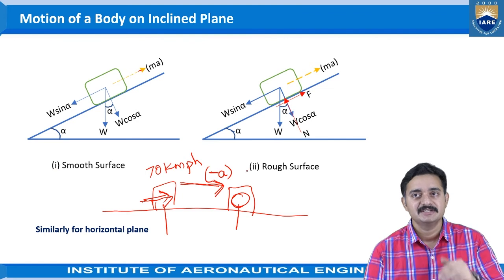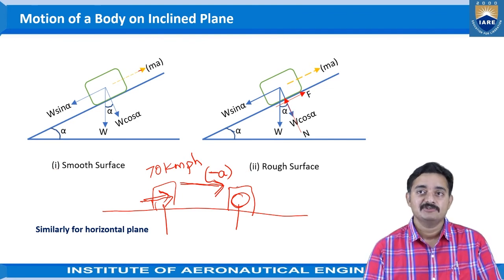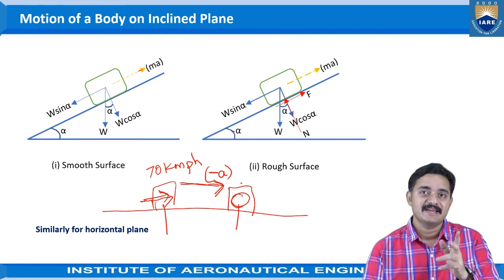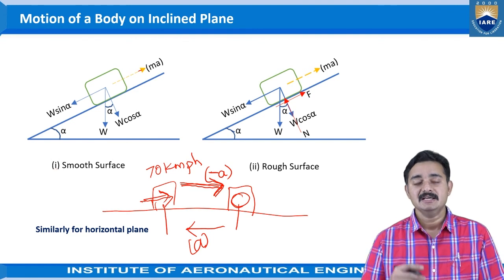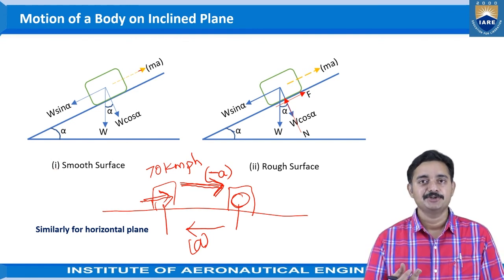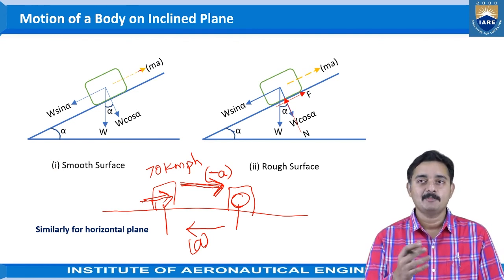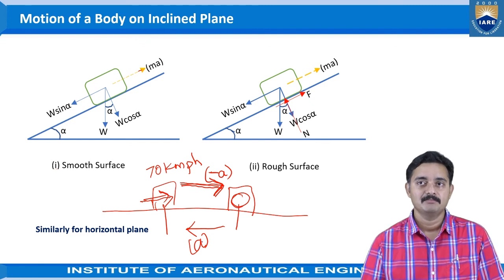The opposite of this minus A, that is, the direction in which the acceleration is happening, is positive A, in the left side direction.